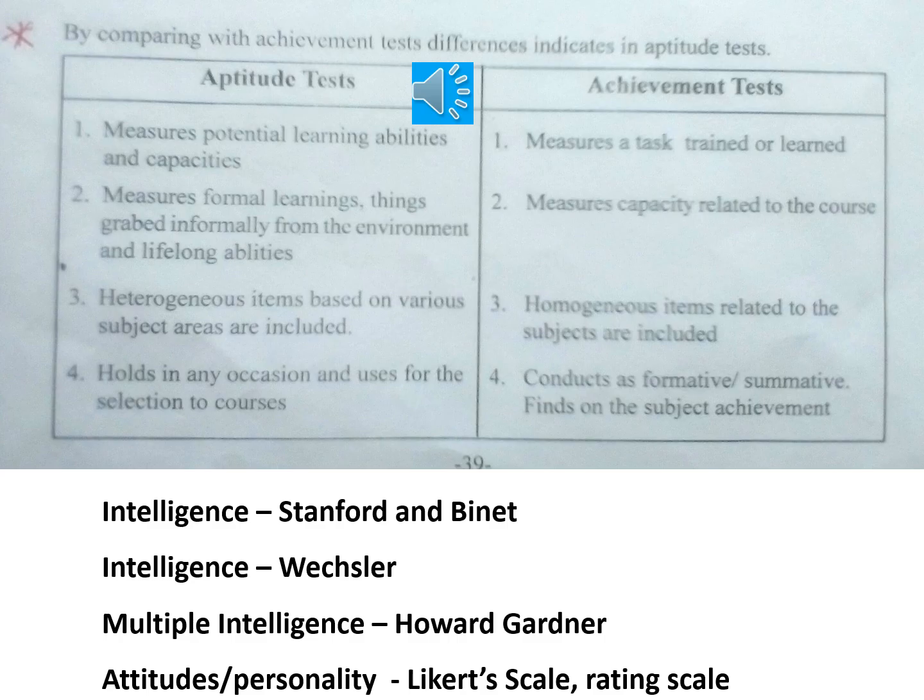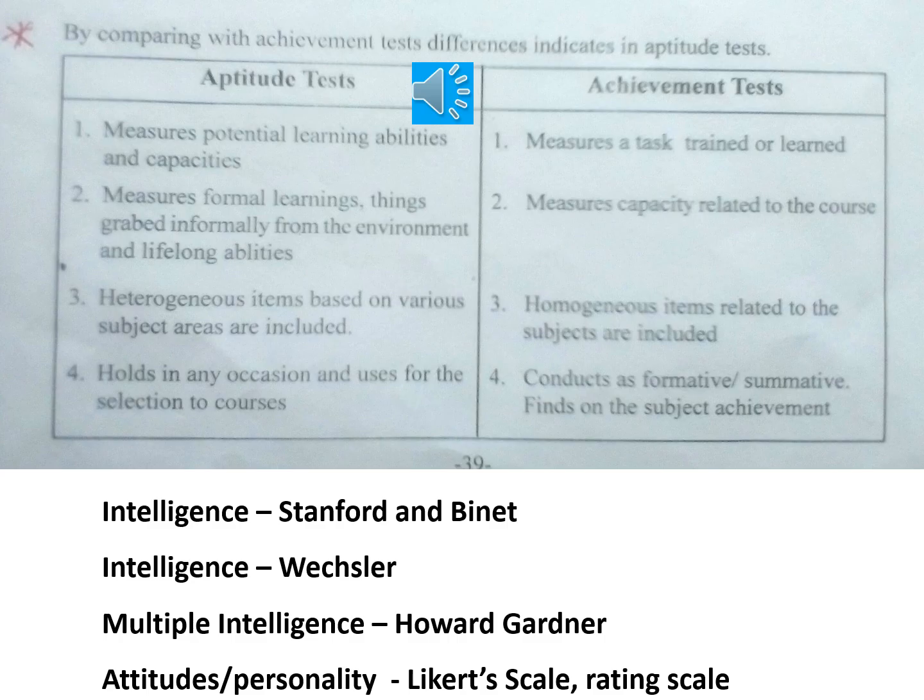Here, what is in the aptitude test is what is existing now, the present potential for future work. It measures formal learnings, things grabbed informally from the environment, and lifelong abilities. Achievement tests measure capacity related to the course, a specific area. The other one is not specific, right? Broader.